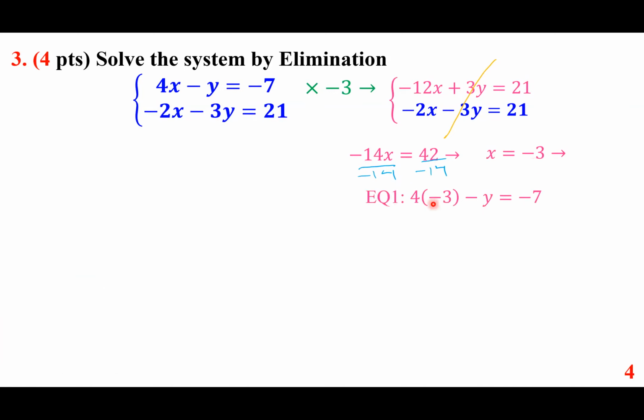This is negative 12. We move it to the other side. Becomes positive 12. Y becomes 5. We write the pair. It's a good practice to do that. Since we used equation 1, we are going to check with equation 2.